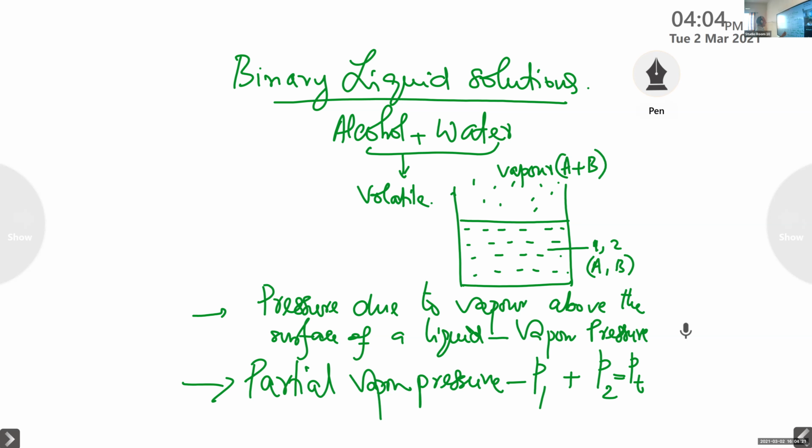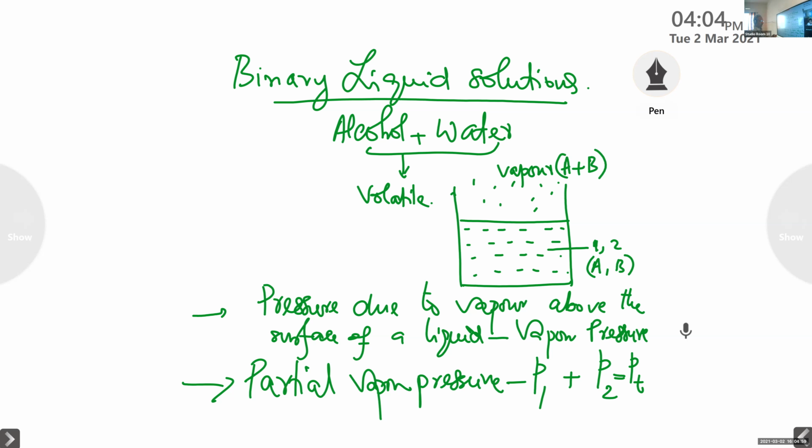Let us come back to the vapor pressure and the partial vapor pressure again. What is meant by vapor pressure? I repeat, the pressure exerted by the vapor sealed above a liquid is called the vapor pressure. If we have a liquid mixture, in the vapor there will be molecules of both the liquids.